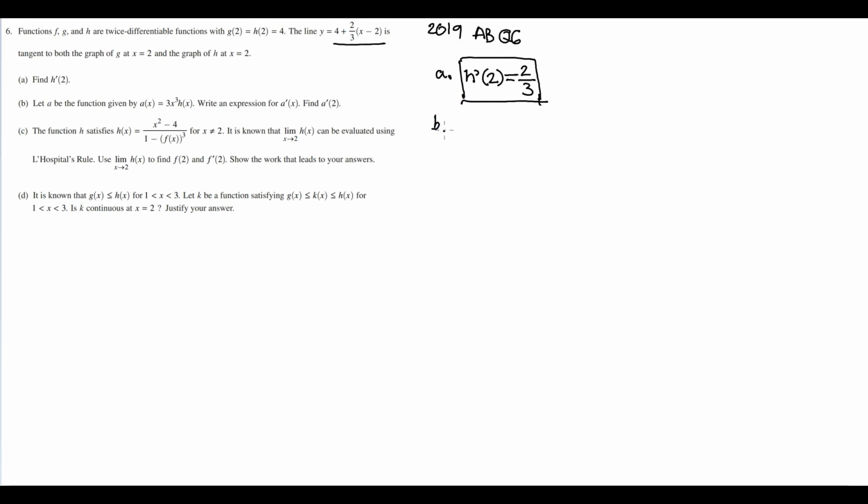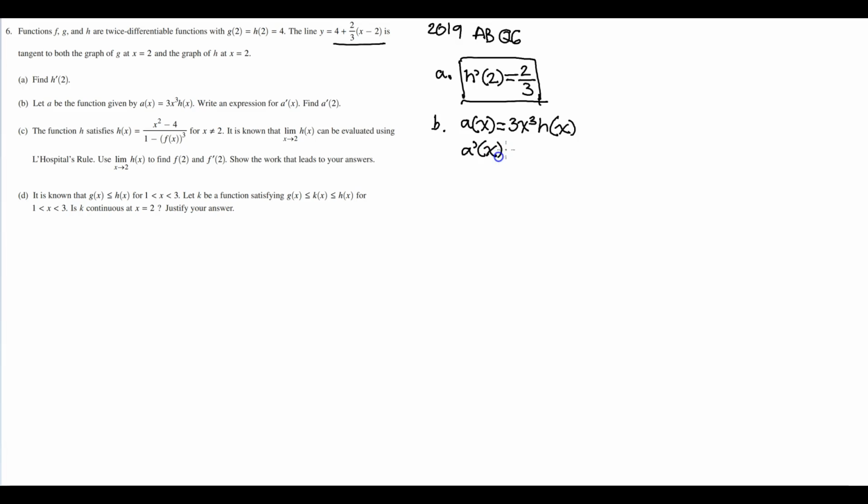Part B. Let a be the function given by a of x equals 3x cubed times h of x. Write an expression for a prime of x. Find a prime of 2. So we're given that a of x equals 3x cubed h of x, and we can just apply the product rule here.